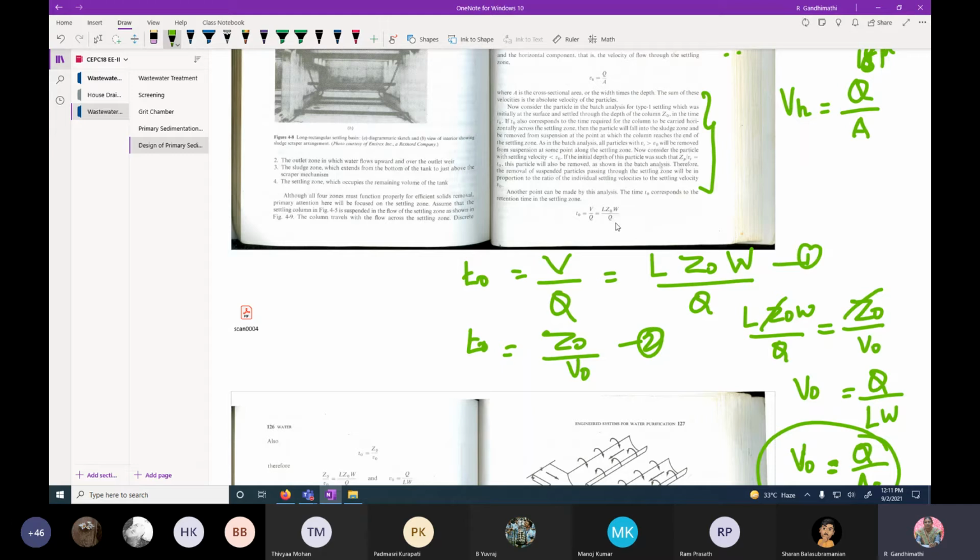You can rearrange this equation: VH is related to T0. I can write T0 as L by VH.